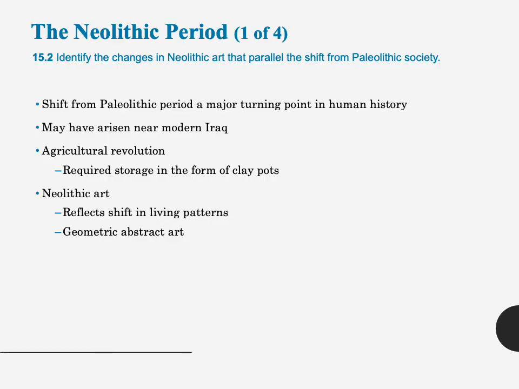What is the Neolithic period or New Stone Age? The improvement in the life of people was very revolutionary in the Neolithic period. It was a transition from the Old Stone Age to the New Stone Age, and it made a major difference in life.